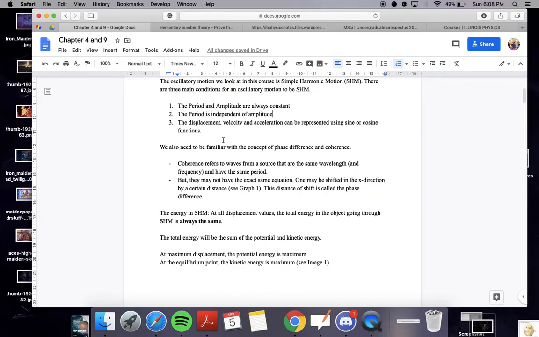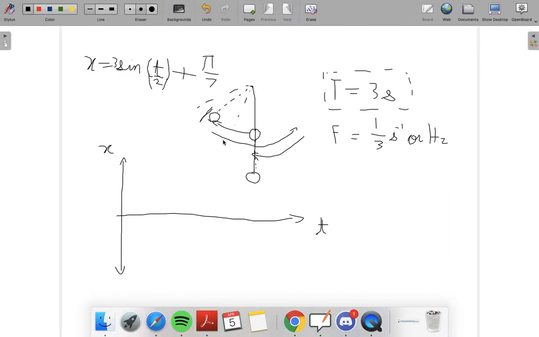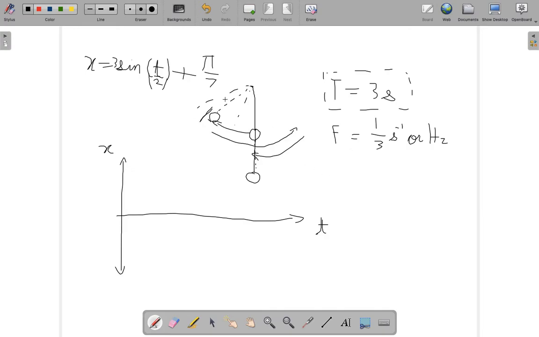And there's also one more. It's not really a condition, but you can use it when describing simple harmonic motion. That is, the acceleration or the force experienced by the string will always be towards the center. This is the restoring force, the force acting backwards, which means it's always going to be in the opposite direction of the displacement, and it is also proportional to the displacement.